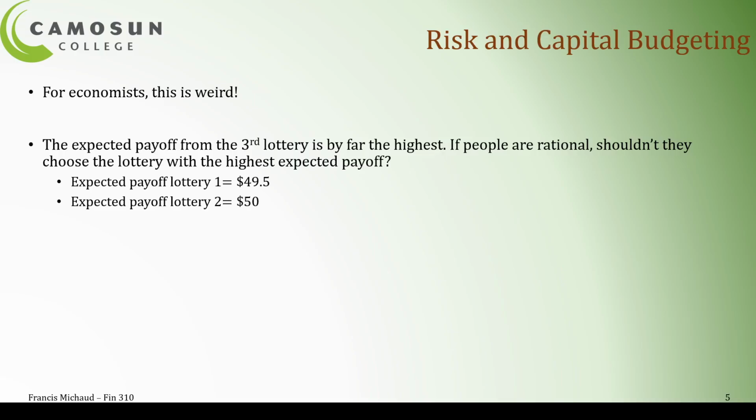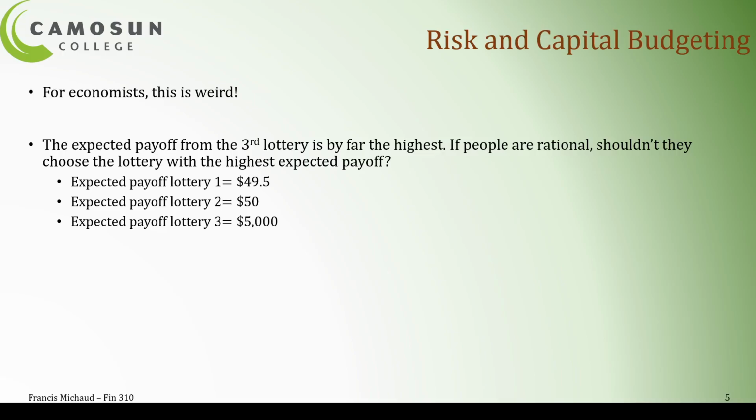The expected payoff of the second lottery is $50, and the expected payoff of lottery three is $5,000. So economists think, well, if you're rational, you should try to maximize your payoff, and you should pick the lottery that gives you the highest expected payoff.